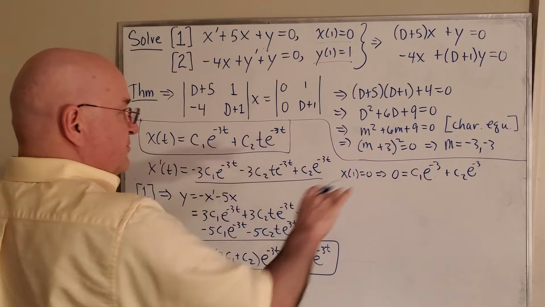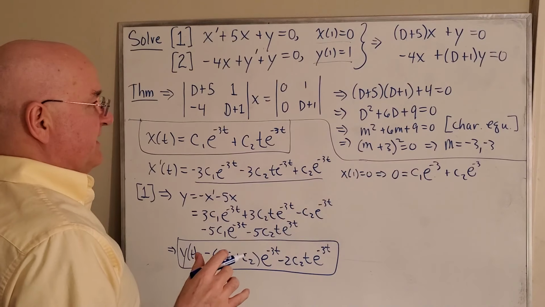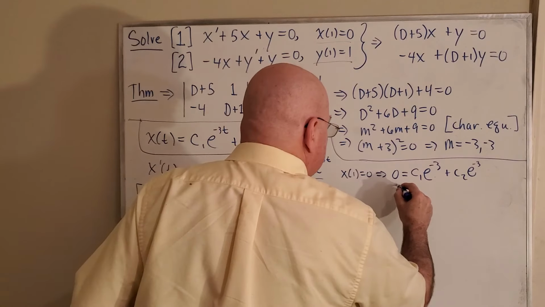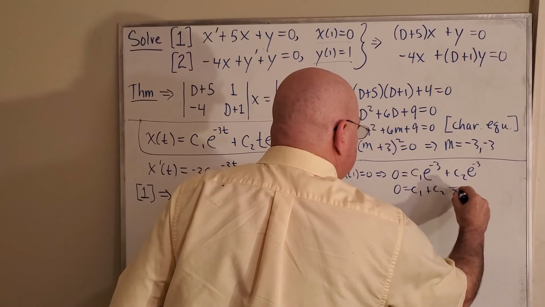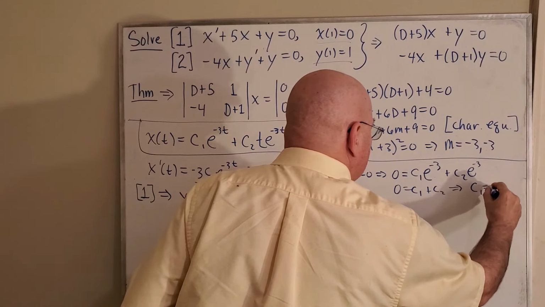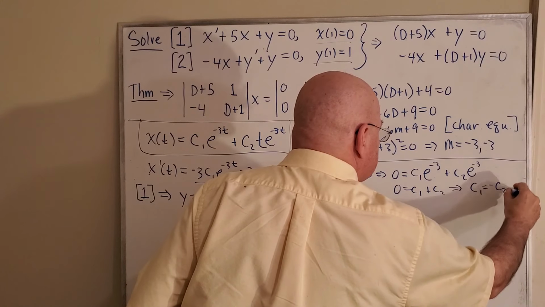So you could factor the e to the negative 3 out of the right-hand side, and you see that 0 equals C1 plus C2, and that means that C1 is equal to negative C2.